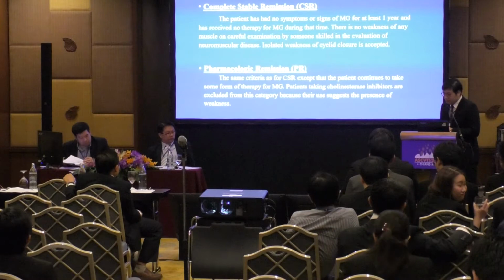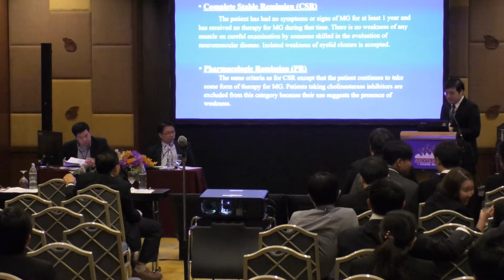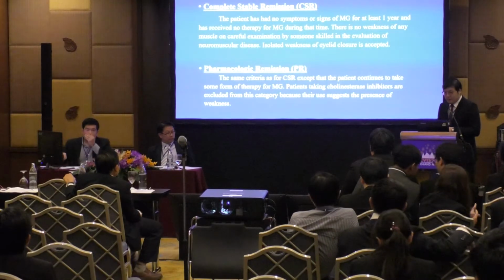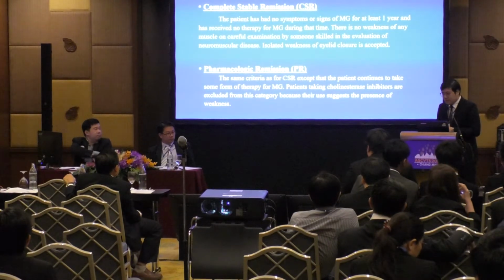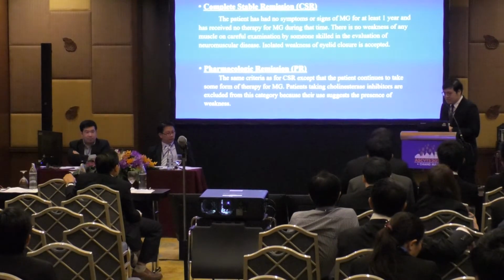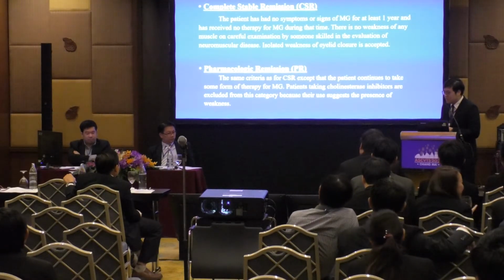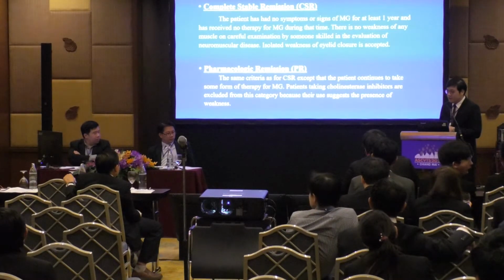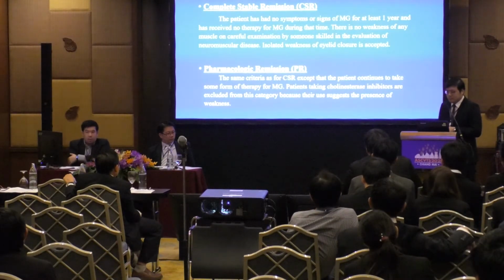This patient has the same criteria as complete stable remission, but takes some therapy for MG. That means he does not have clinical MG, but has some pyridostigmine prescribed from a neurologist. This group is no clinical MG.